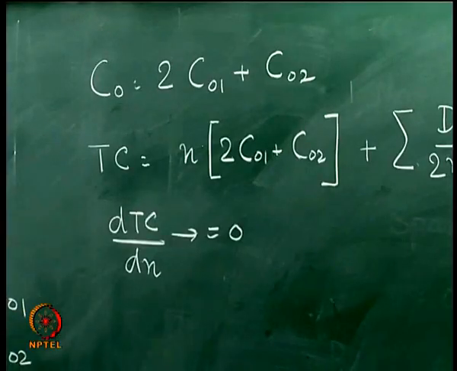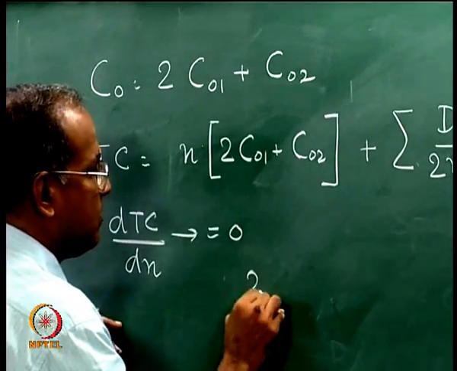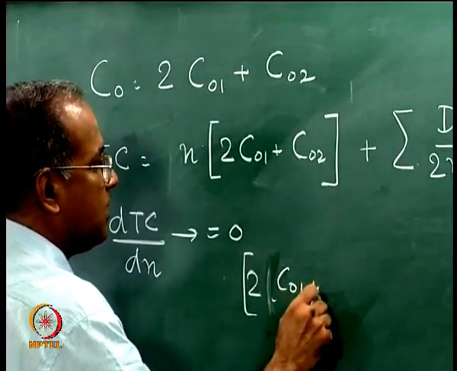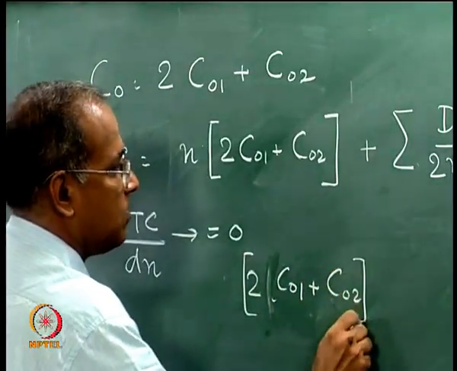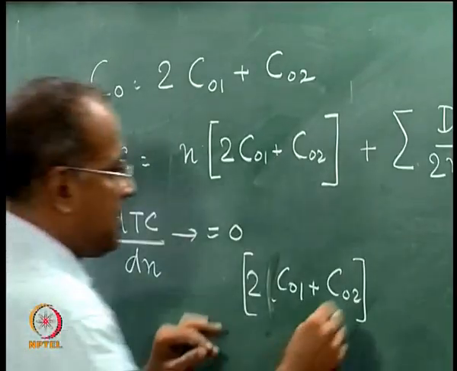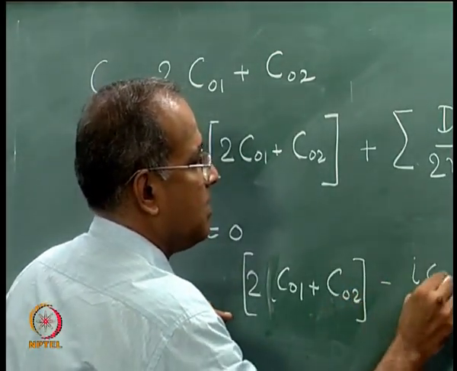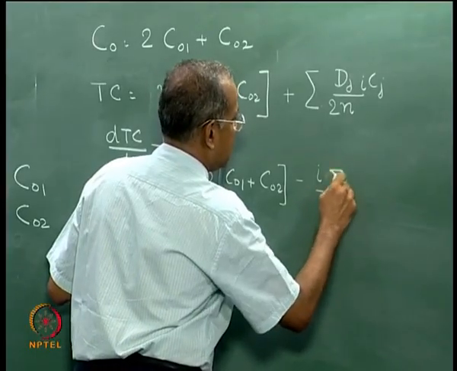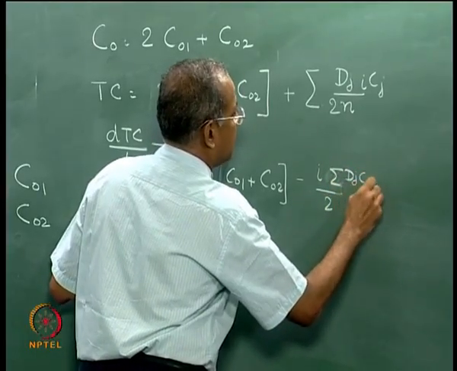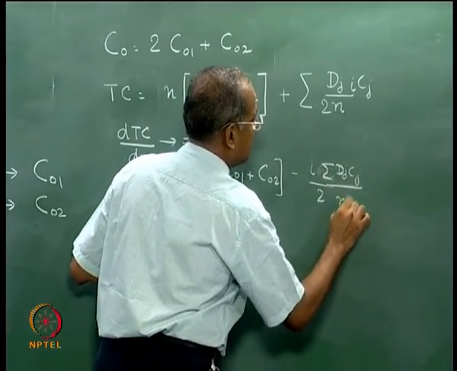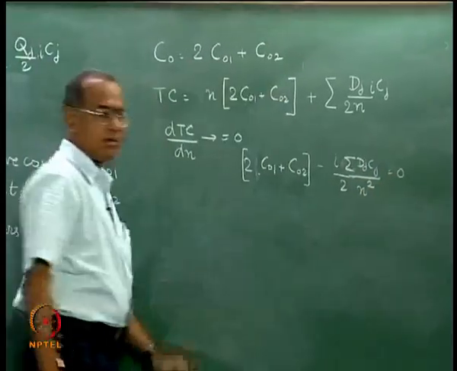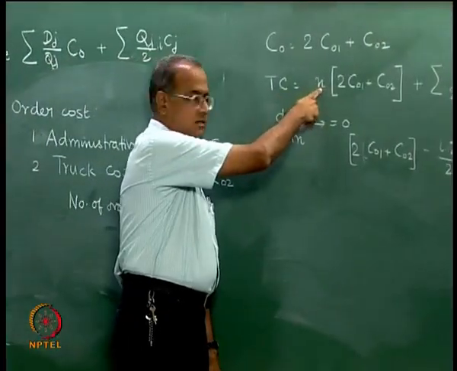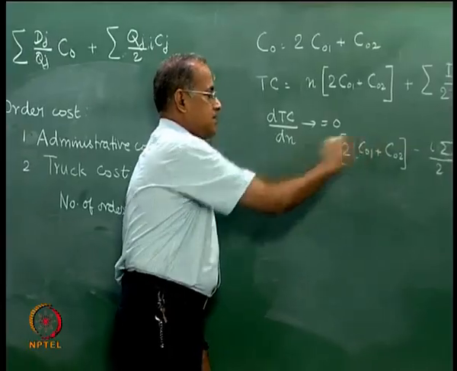So, this would give us 2 times C01 plus C02 minus I by 2 sigma dj cj by n square is equal to 0. Now, this n will go in the differentiation. So, you will get 2 C naught 1 plus C naught 2.